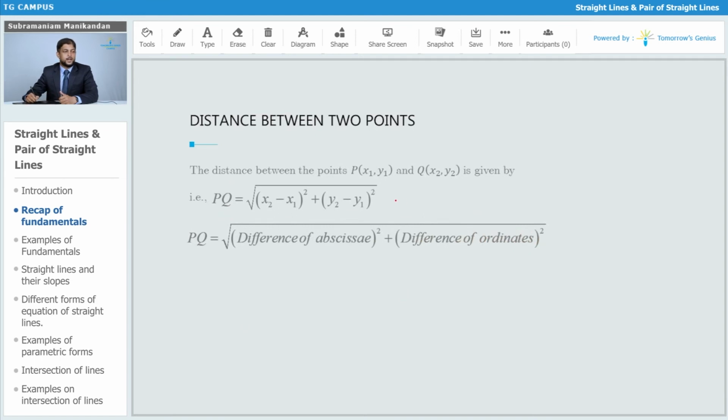You might as well write the square root of (x1 minus x2) the whole square plus (y1 minus y2) the whole square. That is, PQ is the square root of the difference of abscissa squared plus the difference of ordinate squared, and that's the distance formula.